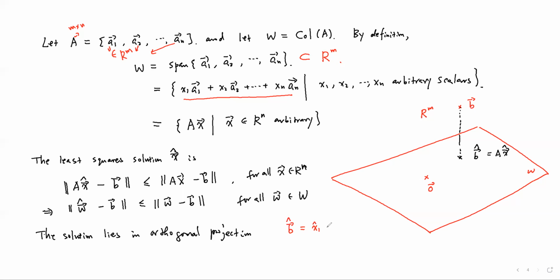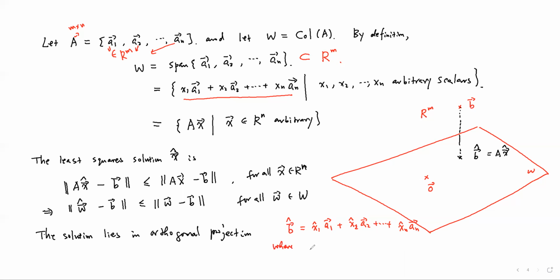Let me write x1 hat times A1, x2 hat times A2, and so on, up to xn hat times An. Here x hat is x1 hat, x2 hat, ..., xn hat, where the x's are numbers, not vectors.